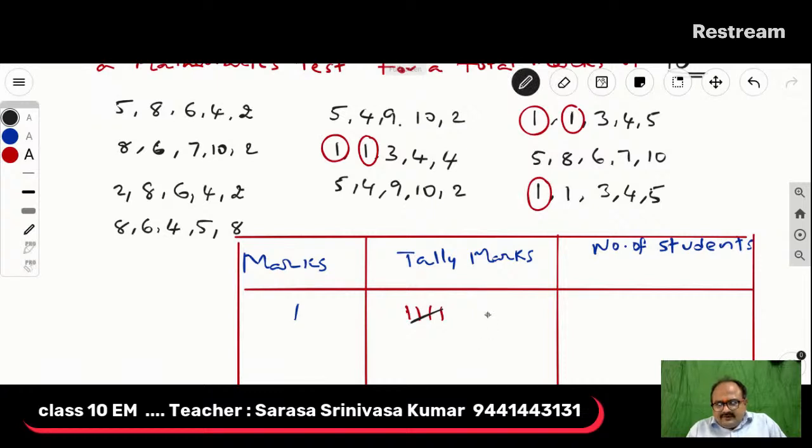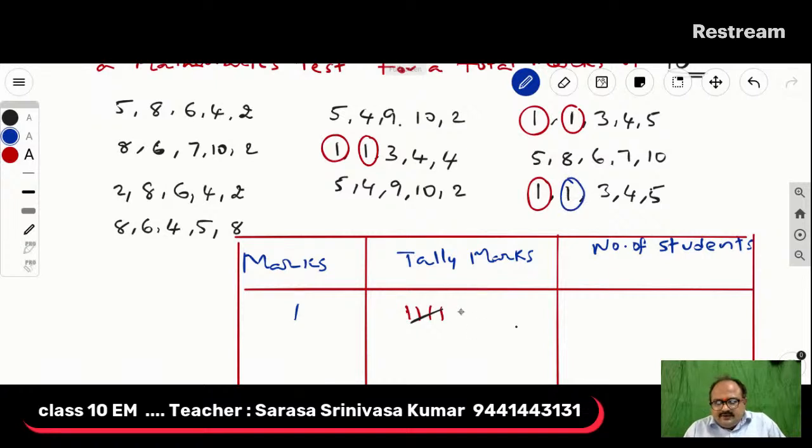4 tally marks are written like this: 1 1 1 1. The fifth one is written like this. So here total how many tally marks are there? Total 5 tally marks. So this is how we note down the tally marks. Next, we have the sixth tally mark also. I will note down this in blue color.